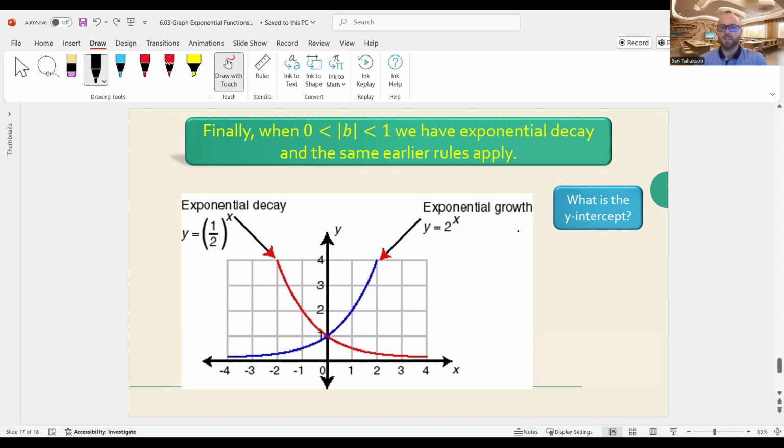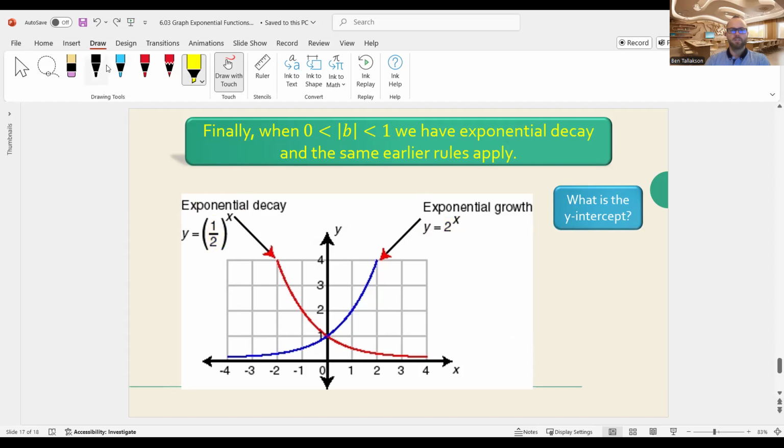Almost done. Finally, the absolute value of b is between 0 and 1, we have exponential decay, and the same earlier rules apply. So we're talking about the value in here and the value there.